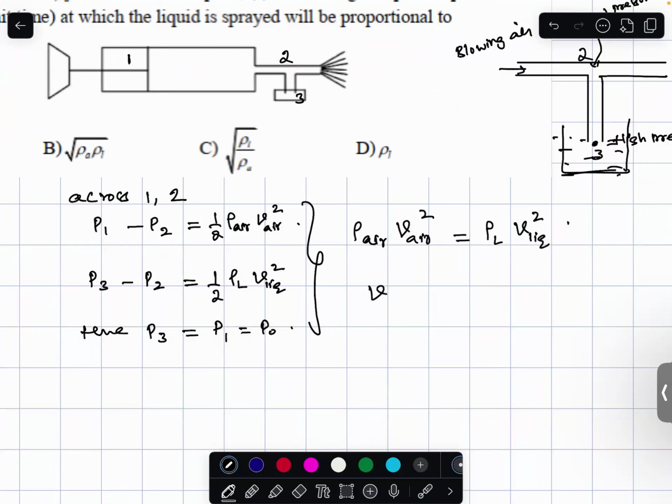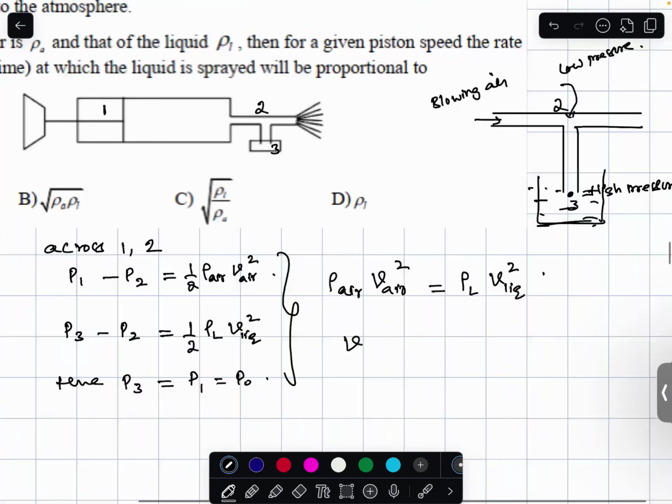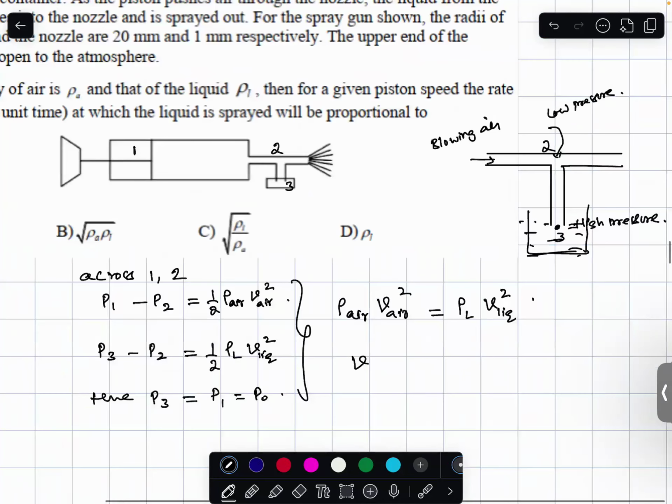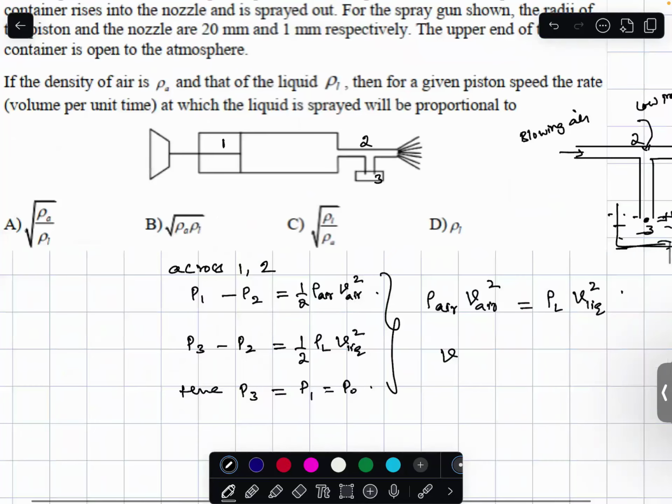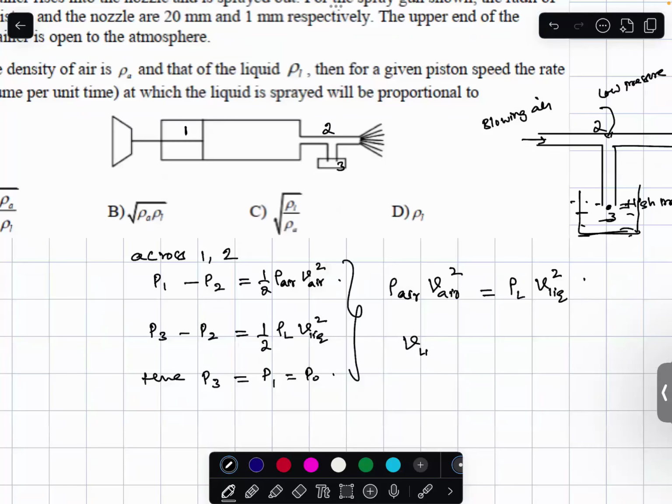So for a given piston speed, the liquid sprayed, V liquid, is the square root of rho air by rho liquid, times V air.